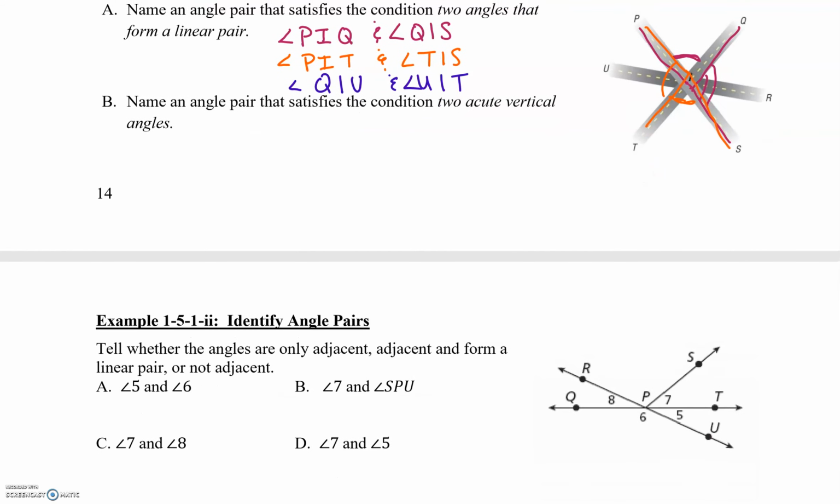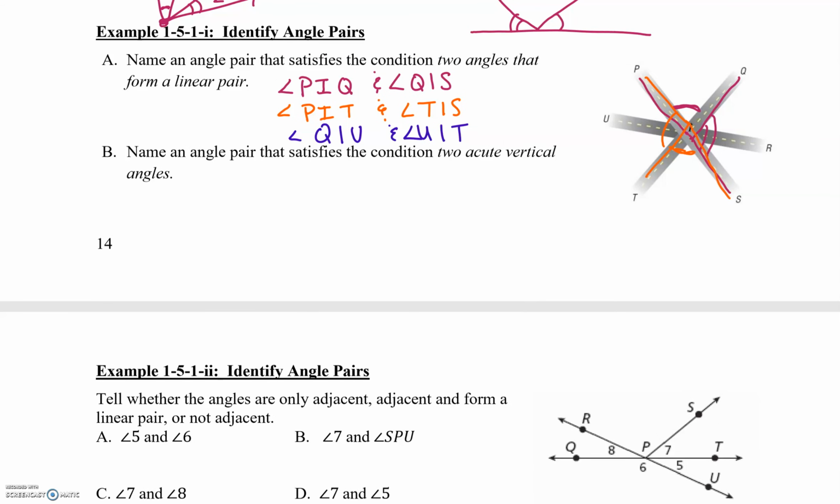Name an angle pair that satisfies the condition of two acute vertical angles. Okay, so I'm going to kind of get rid of my colors here. And again, you can have multiple options here. I'll give you a few, but really you just need one. Angle PIU and angle RIS.